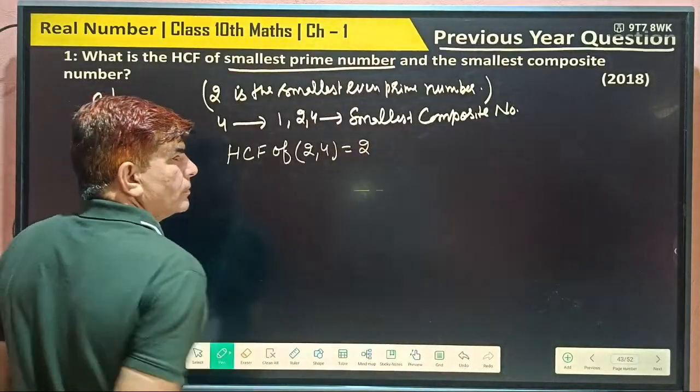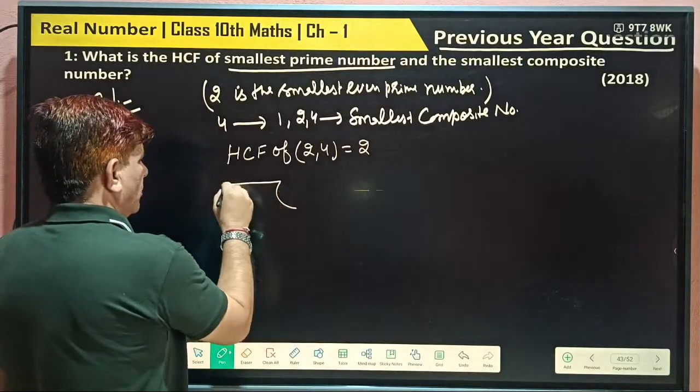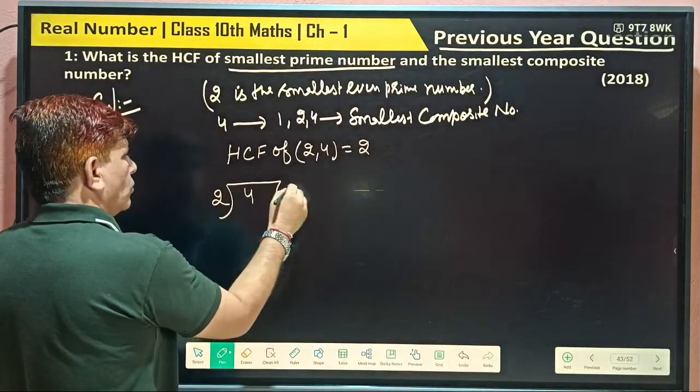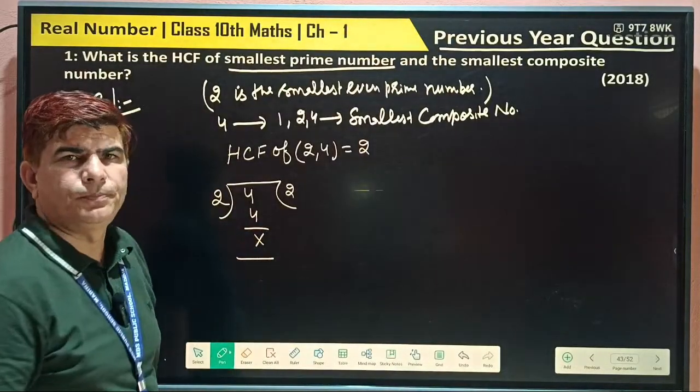You know how we can find it? Yes, 2 methods. One is the division method, in which 4 is divided by 2, 2 twos are 4. So what's your HCF? 2.